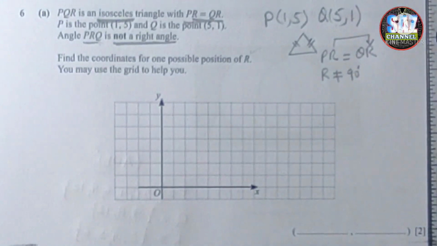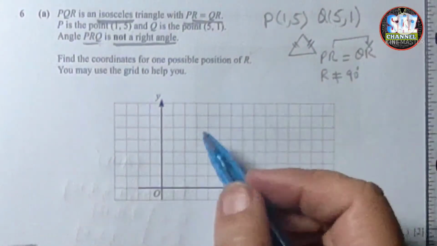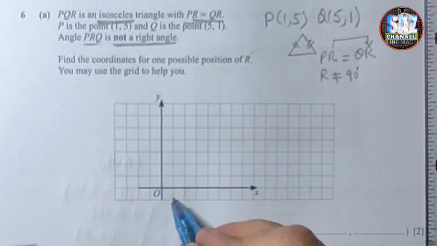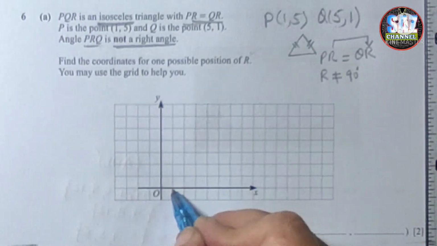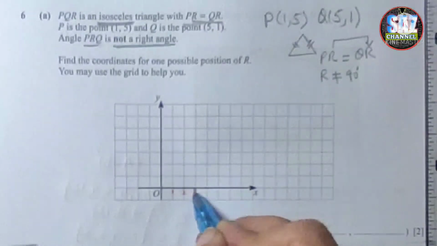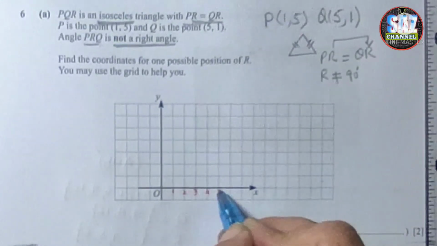So let's first draw the figure and try to understand how to get the possible values of R. One of the points is (1,5). Okay, if I take 1, 2, 3, 4, 5.